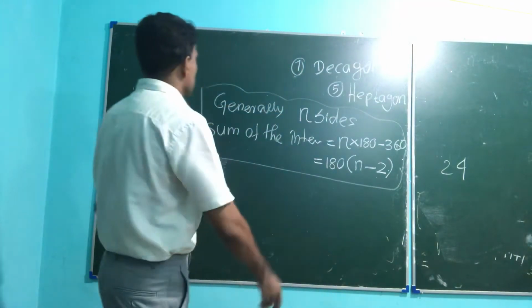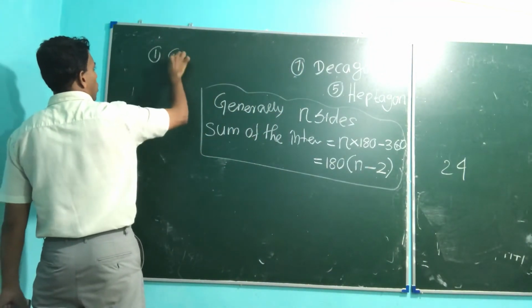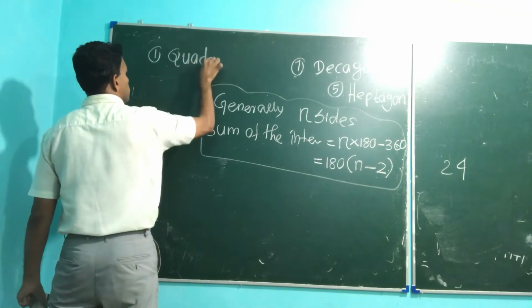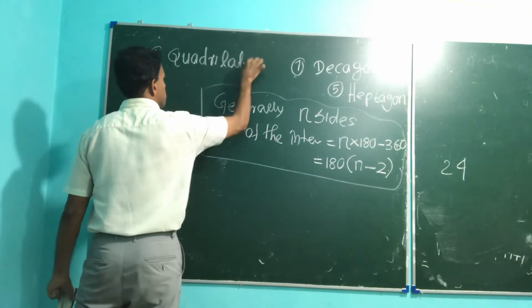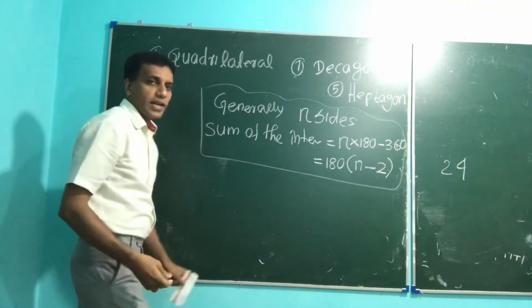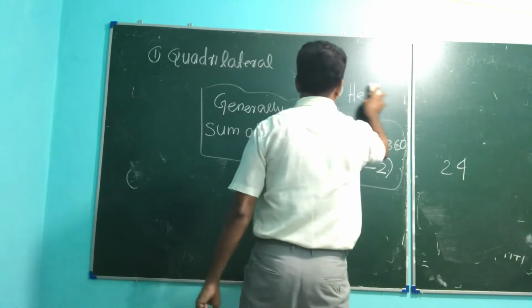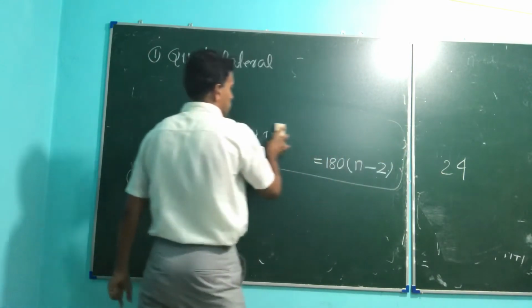Method 2, number 1: quadrilateral. Everybody knows this quadrilateral from grade 8 mathematics.